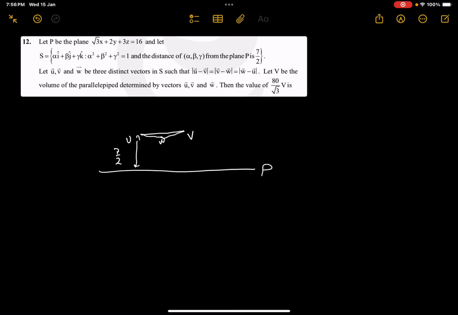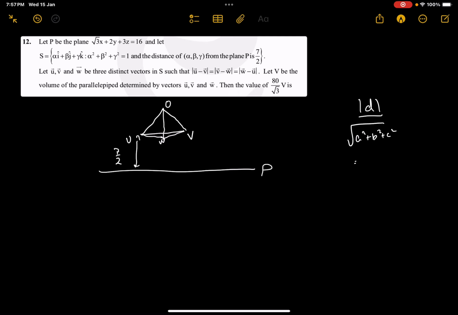We are given that U, V, W are in the set S, which means the distance of origin from U, V, W is 1. Let's say this is origin, this is 1 each. Then the distance of plane P from origin would be d upon under root a square plus b square plus c square, where the plane is ax plus by plus cz equals d.